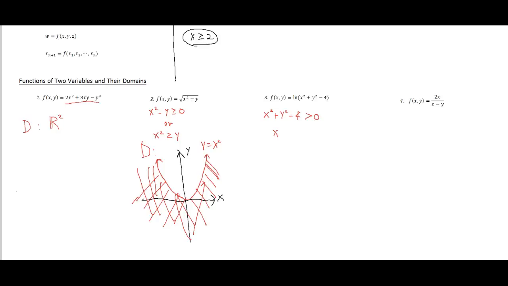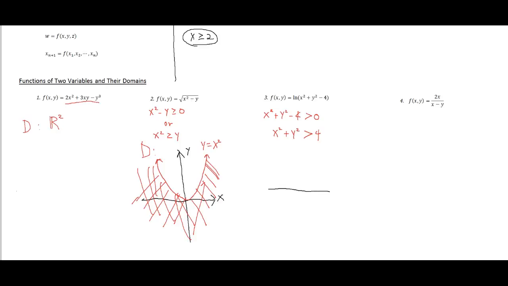But that means that if I rewrite this a little bit, x squared plus y squared has to be greater than 4.